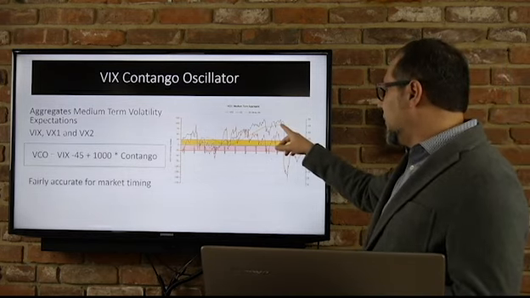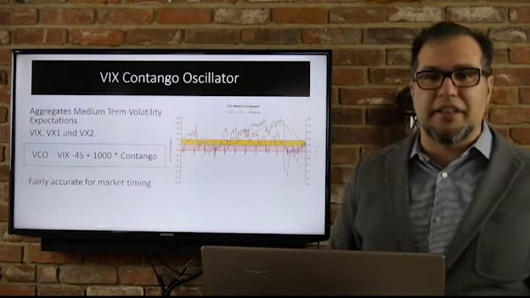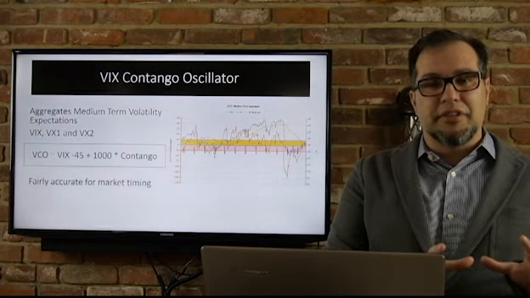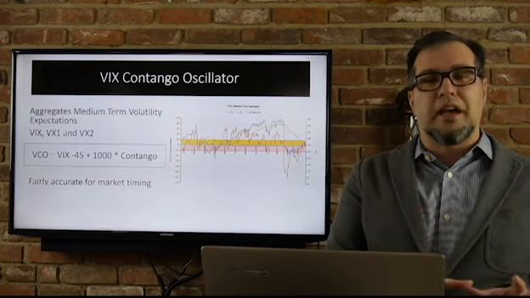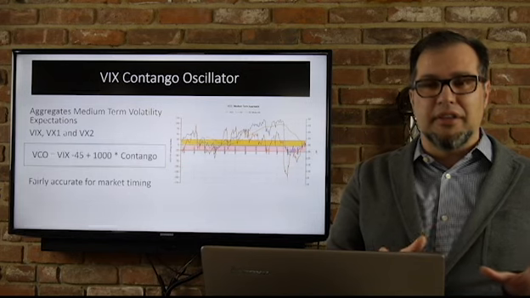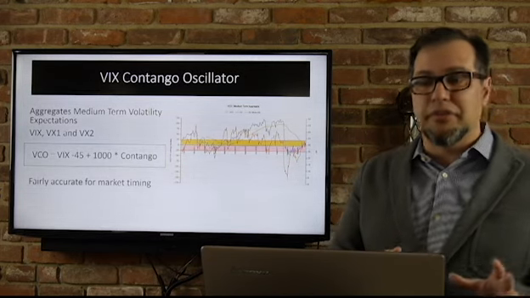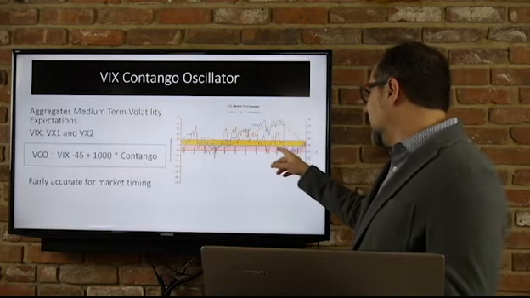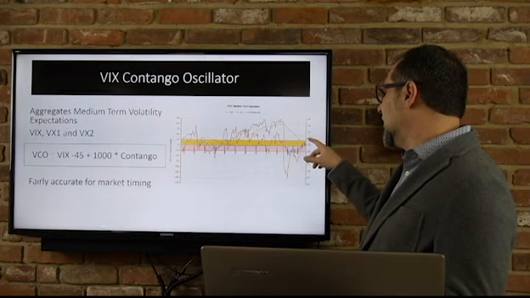So when the VCO goes below zero for 3 consecutive days, you need to take your SPX holdings and sell them all. You go to cash. So when the VCO goes below zero for 3 days, you sell everything and you get out of your XIV position, and you don't look back. You need to wait for the VCO to finish its downtrend and then turn positive.